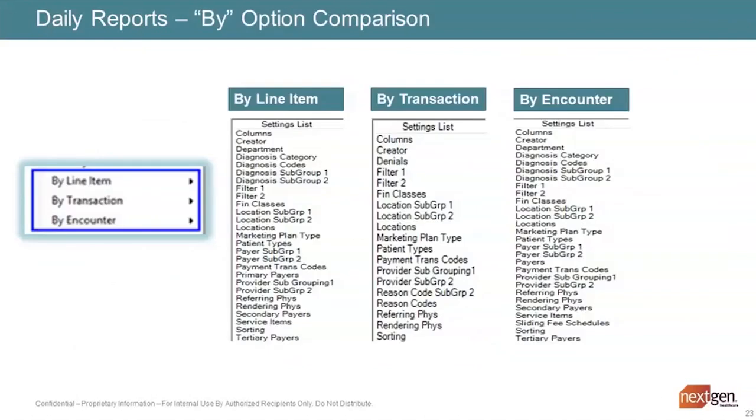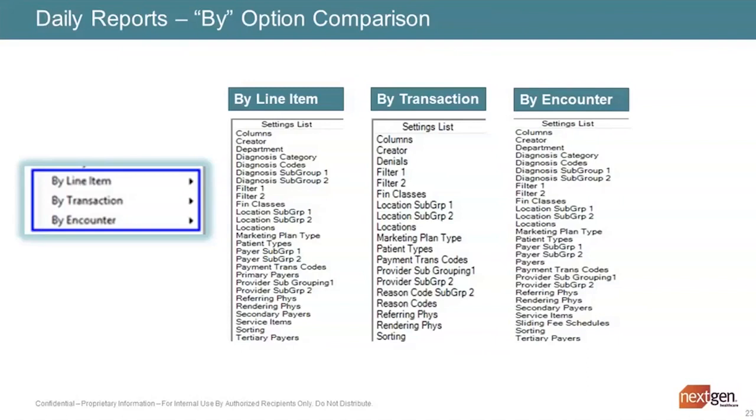My best advice when trying to determine what you want to select, either by line item, by transaction, or by encounter, is first of all, click on it and see if you select line item, is everything in the columns that you're going to want?